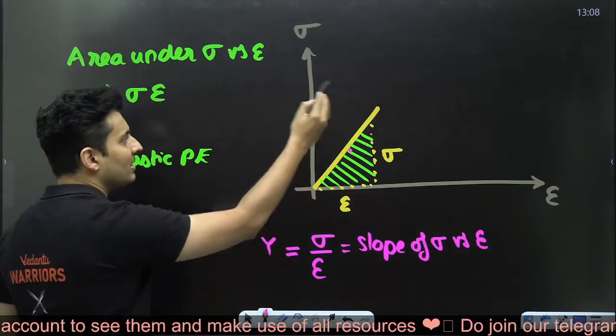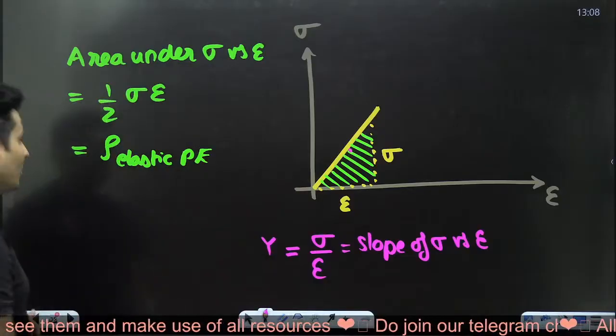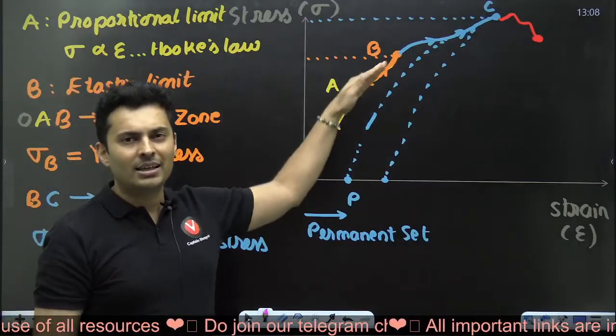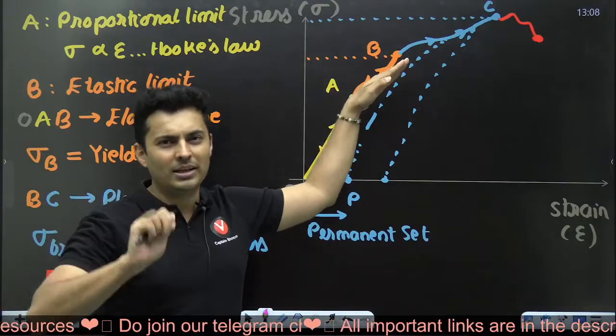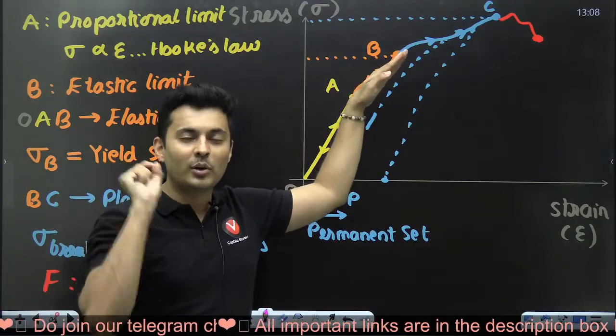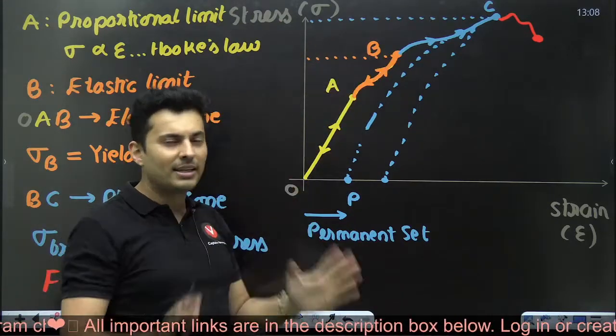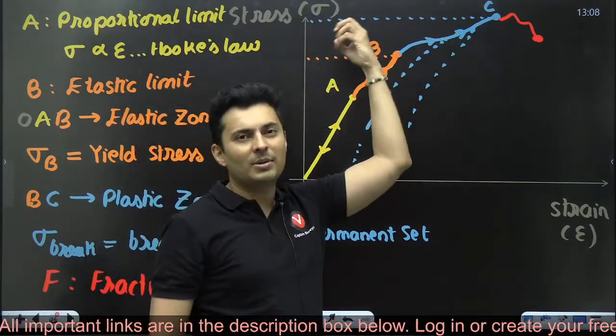So Young's modulus is also the slope of the graph. You can see the slope is constant, that means the modulus is constant here, then the modulus changes because it becomes non-linear. So the modulus is only for Hooke's law where stress is proportional to strain, otherwise the modulus will keep on changing.